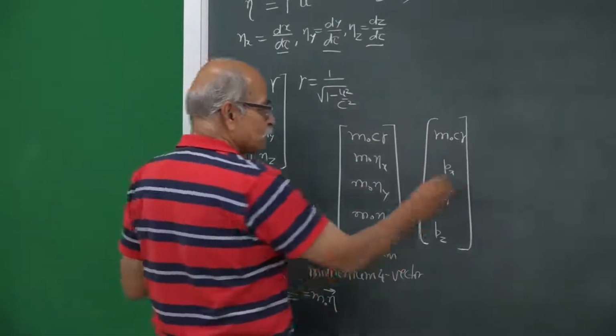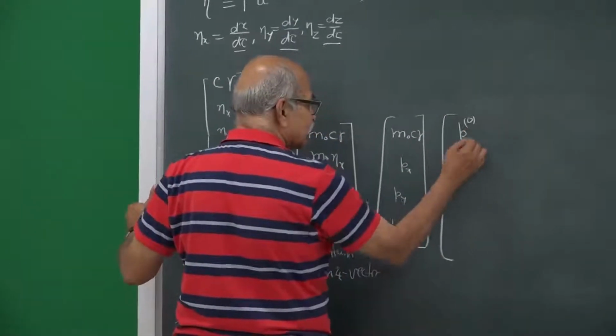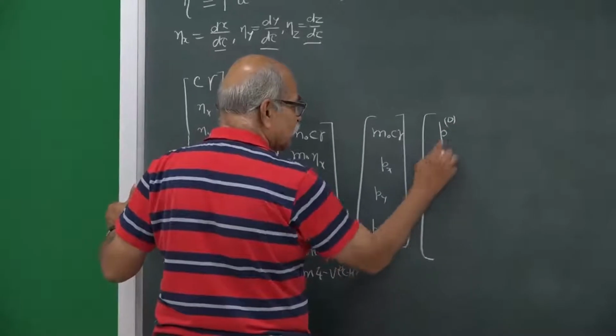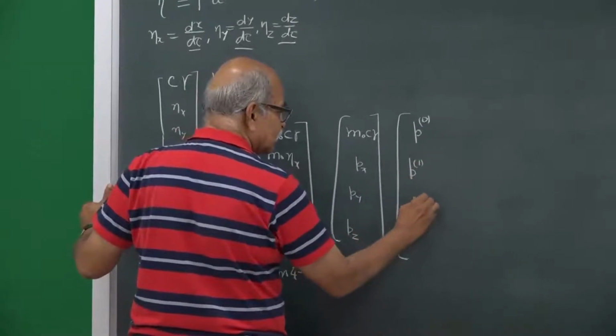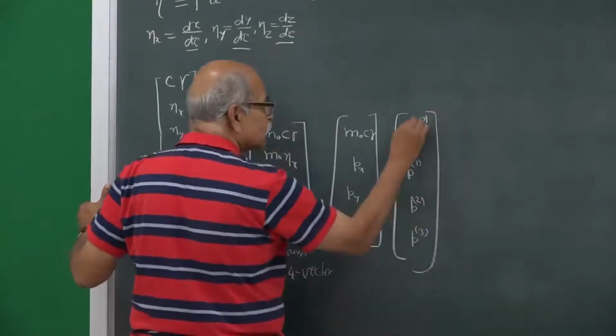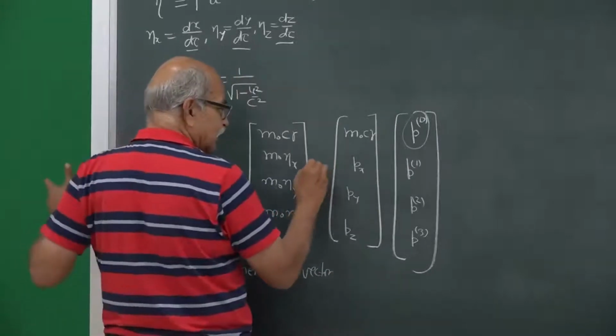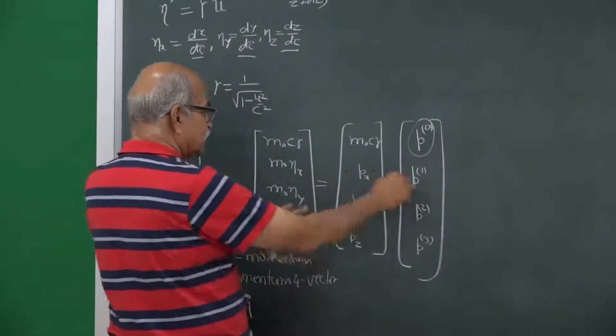You write it as the 0th component in our standard symbol, 0th component, first component, second component and third component. So, the question is, what is this 0th component? These are all the same, just the symbols are different.